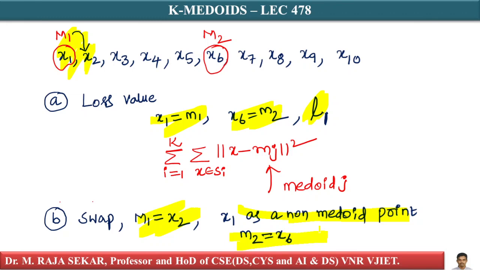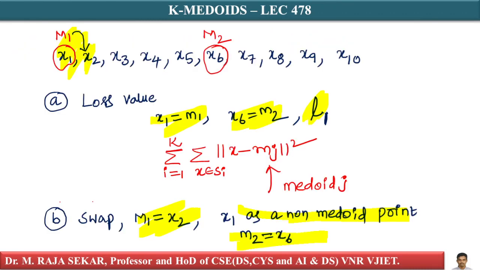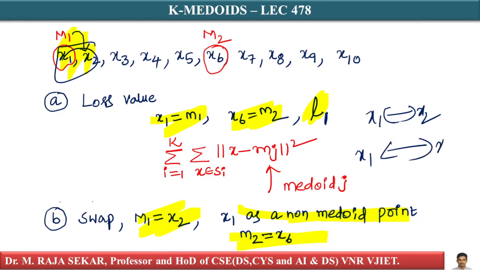This is called swapping. In this case, I swapped x1 and x2. My x1 was my medoid 1.